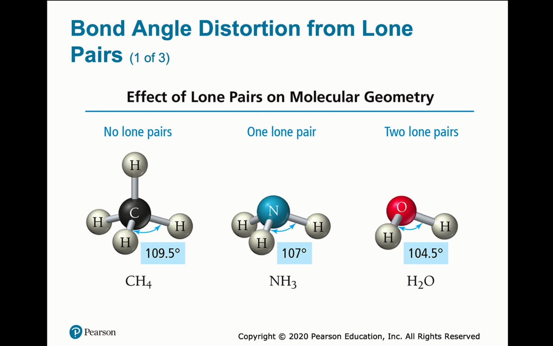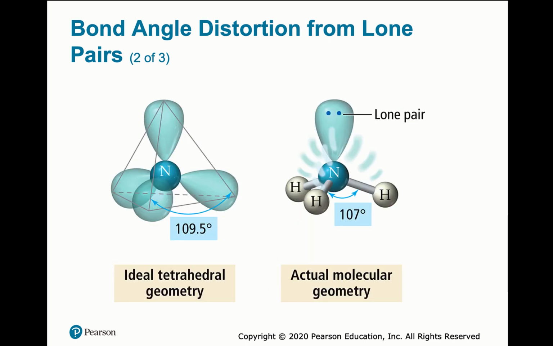Methane here has all hydrogens, all bonding groups, so it has the idealized geometry. One lone pair, ammonia, and that lone pair causes the bonding to shift a little bit. Water has two lone pairs, so it shifts even more.